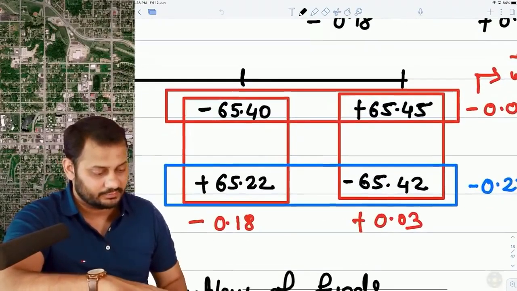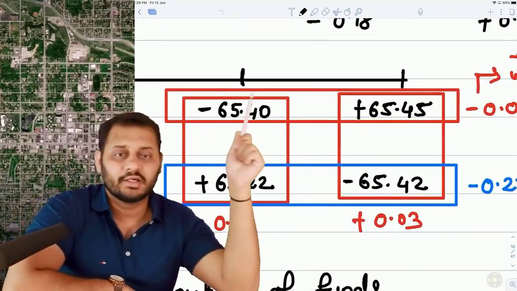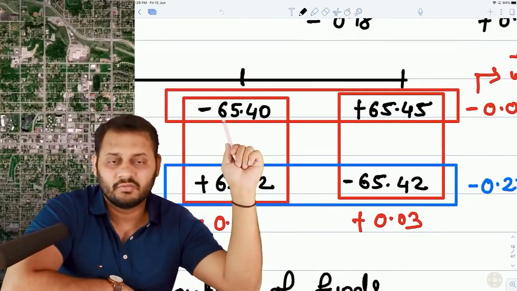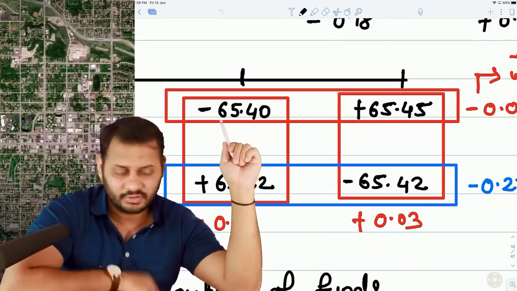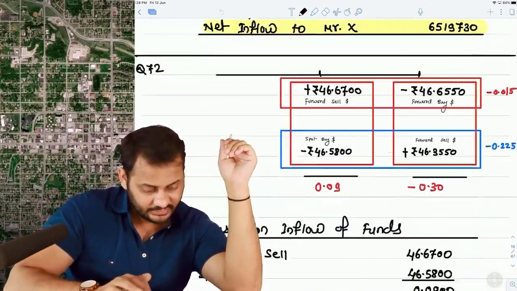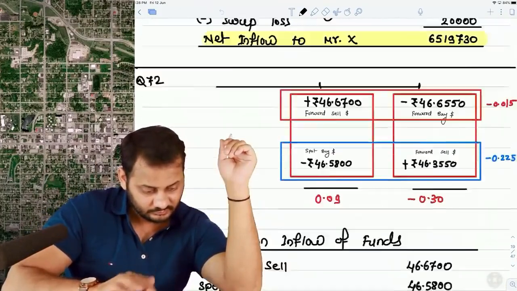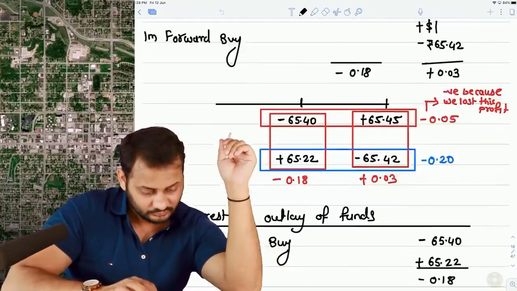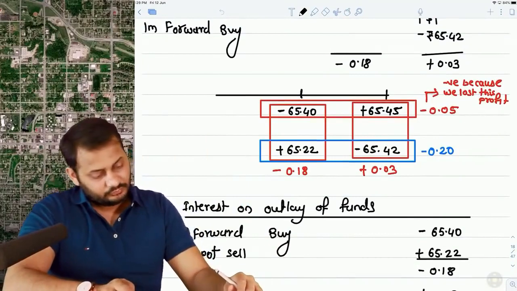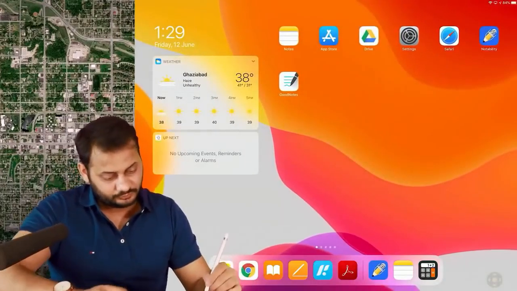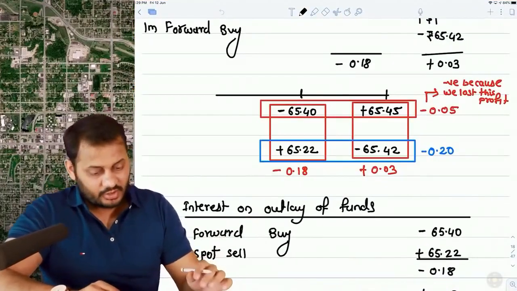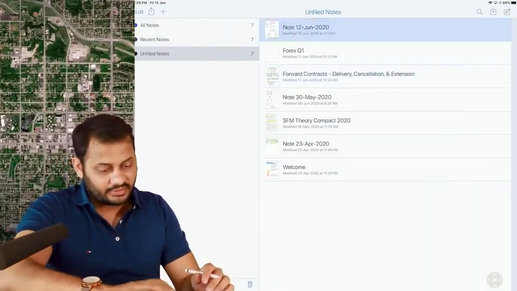Remember this. Let's say the original contract was at 65.40. I am pretty sure that you understand that diagram.